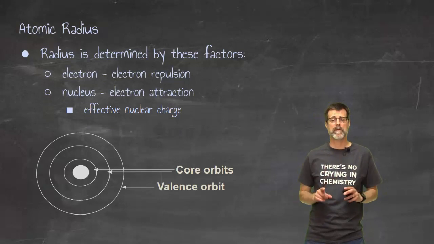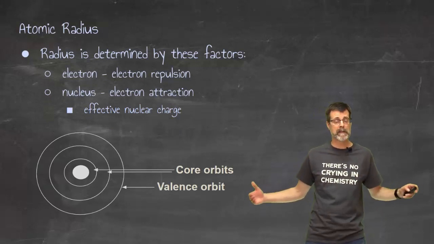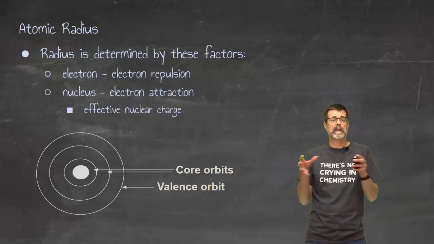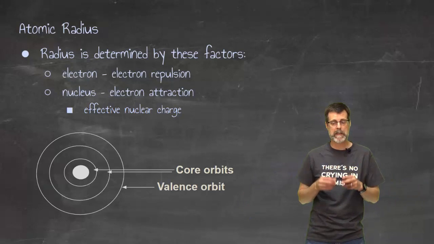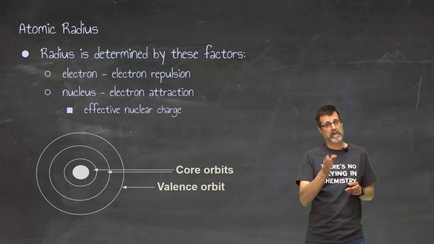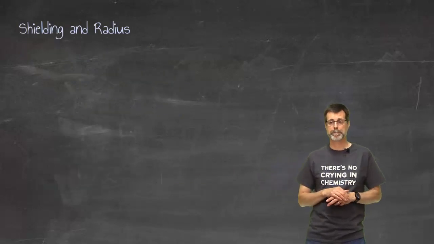We do need to understand, though, the difference between the outer electrons, or the valence electrons in the valence orbit, and the core electrons on the inside. They are going to be completely different, although radius is really just from the center of the nucleus to those valence electrons.